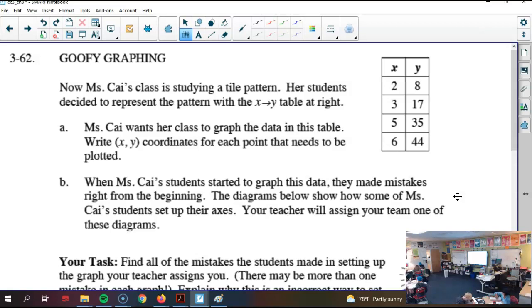So wait, before I showed you the data that they're trying to graph, some of these graphs we couldn't tell if they were broken or not because we don't know what the intention of the graph is. Right? So we always need to know what's going on in order to determine if a graph is good or not good.